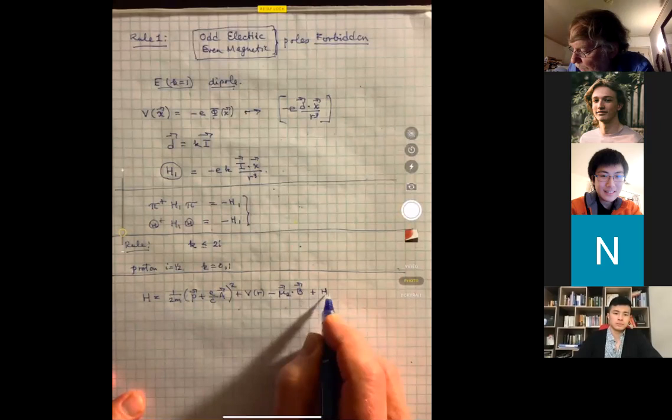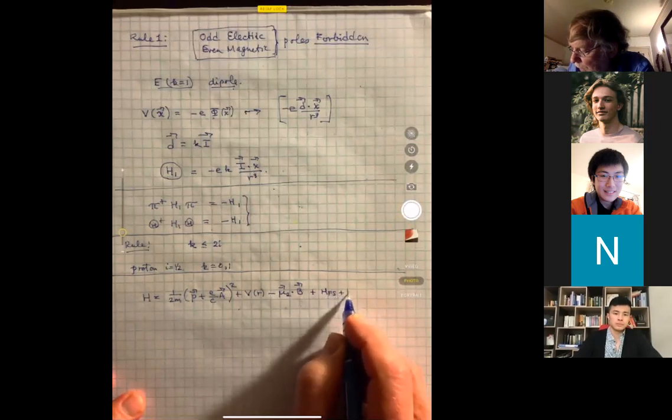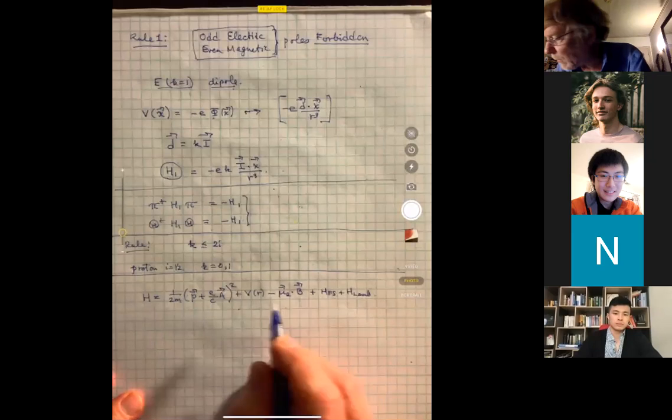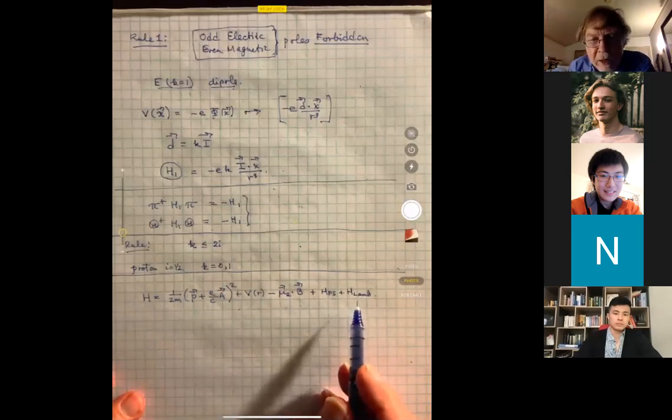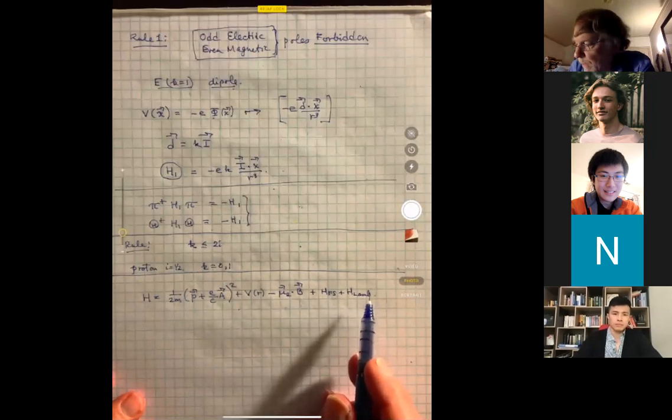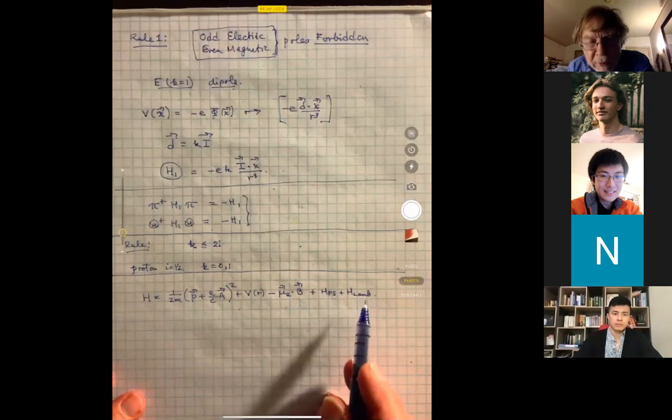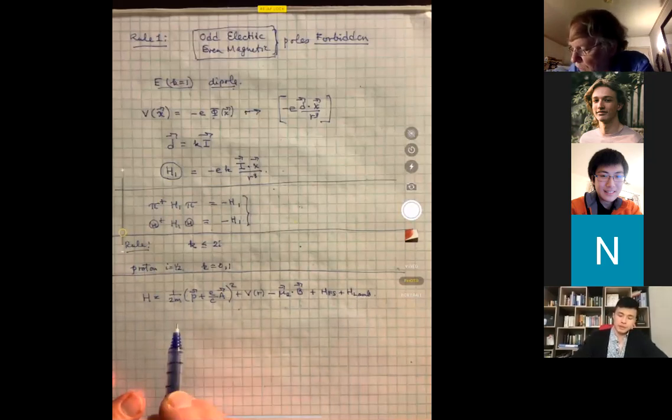And to this, I'll add the fine structure terms, and I'll add some terms that are responsible for the Lamb shift. We don't need to know much about the Lamb shift, but I'll put it in anyway. The reason being that the hyperfine effects that we're studying are numerically smaller than the Lamb shift. And so we want to do a realistic treatment. That's my aim tonight, is to do a realistic treatment of the hyperfine effects, at least in hydrogen. And so you have to include the Lamb shift here.